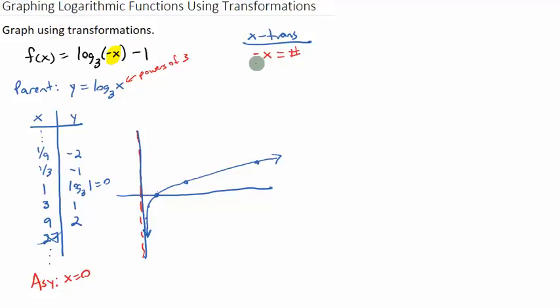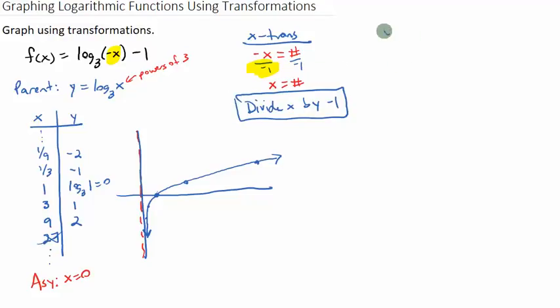And to get x by itself, I would divide both sides by negative 1, and at that point I'd have x by itself. Now the x transformation is the steps I did to get x by itself. So in this case, it's divide by negative 1. So I'll say divide x, because it's an x transformation, by negative 1. So that's my one x transformation.